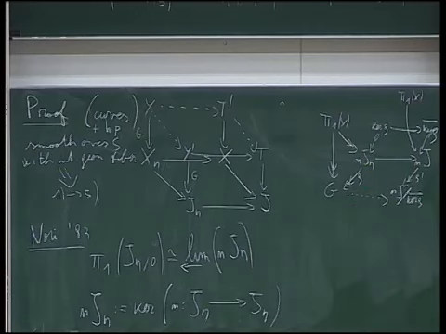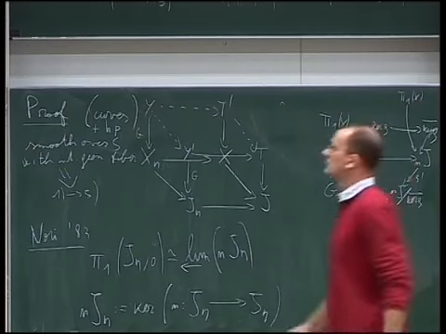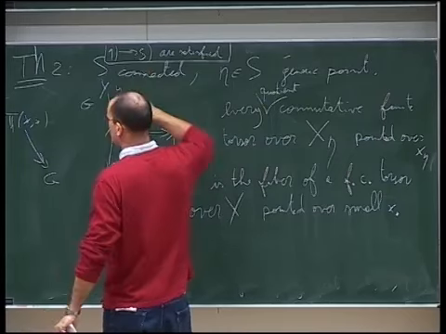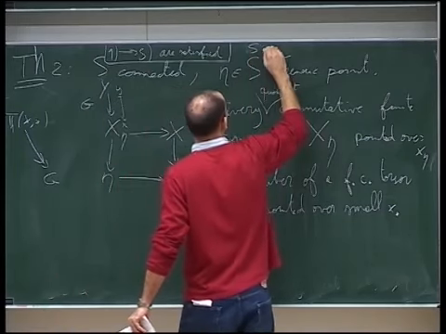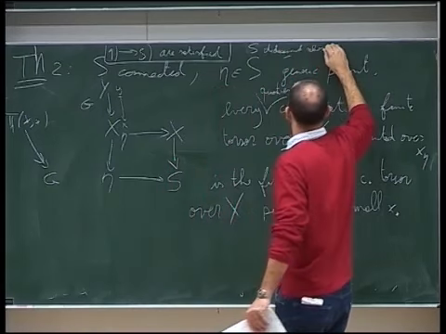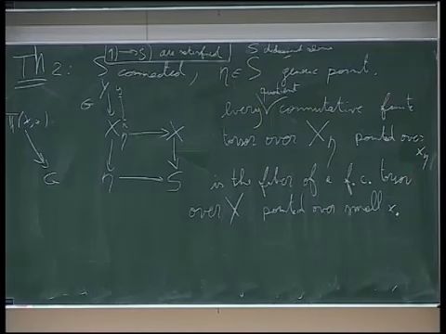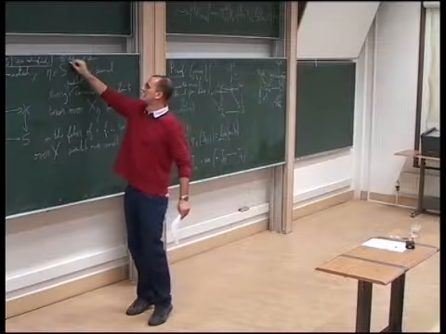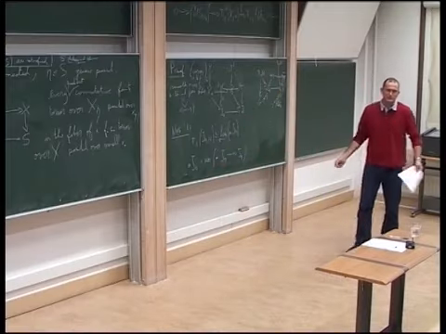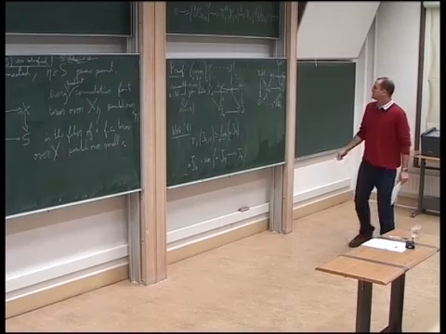S here is any base, any connected base? No, everywhere S is a Dedekind scheme. Oh, it's a Dedekind scheme. Okay, I get it. So then I guess the content of this must be the fact that the kernel of multiplication by n is a finite flat group scheme. Yes, of course. At the moment I need to take Dedekind schemes because the fundamental group scheme is defined only over Dedekind schemes.